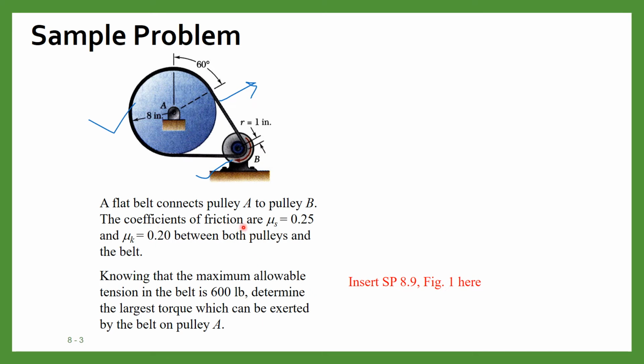The coefficient of static friction mu s is 0.25 and kinetic friction is 0.20 between both pulleys, knowing that the maximum allowable tension is 600 pound. Determine the largest torque which can be exerted by the belt on pulley A. So this is our problem.